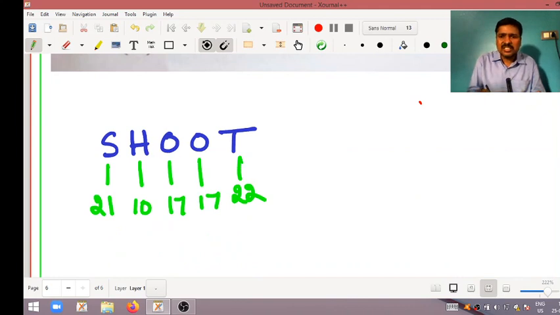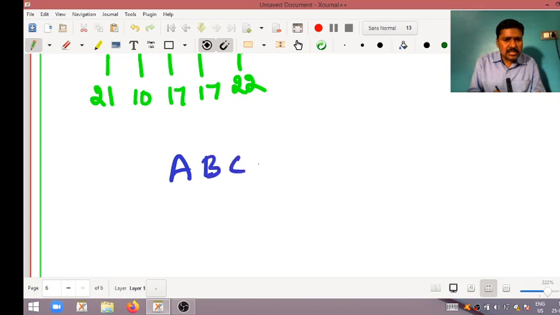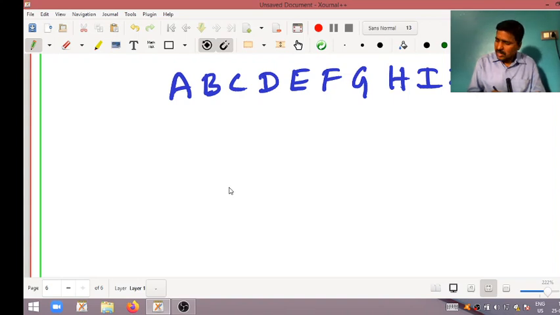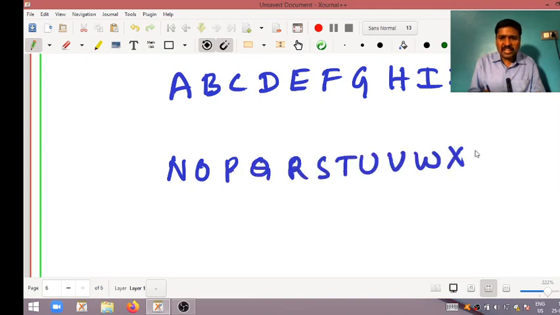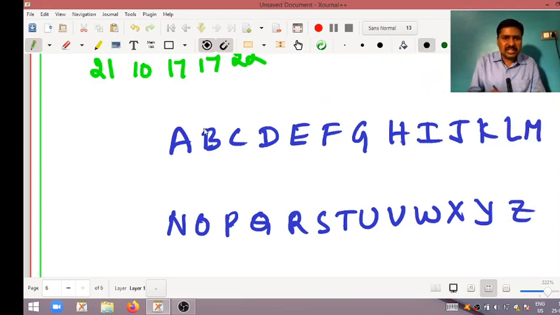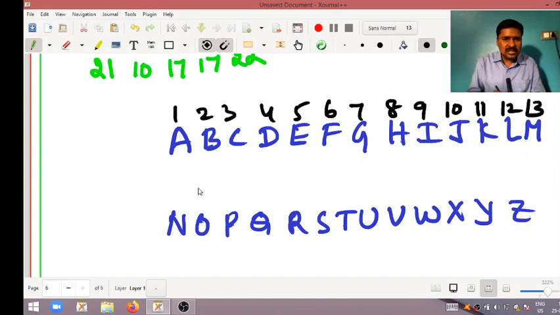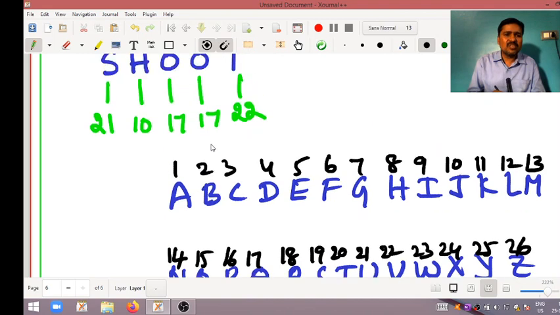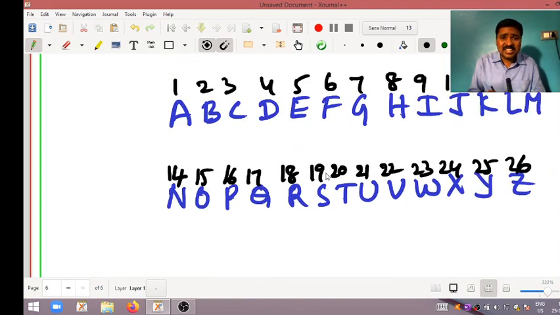Originally, A, B, C, D, E, F, G, H, I, J, K, L, M, N, O, P, Q, R, S, T, U, V, W, X, Y and Z are coded as 1, 2, 3, 4, 5, 6, 7, 8, 9, 10, 11, 12, 13, and N is coded as 14, 15, 16, 17, 18, 19, 20, 21, 22, 23, 24, 25 and 26.